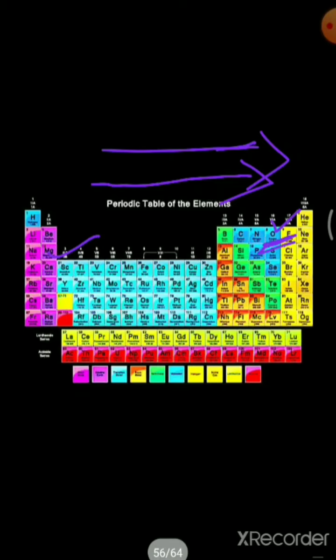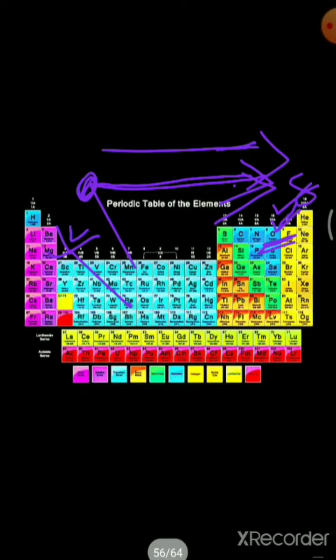This has a lesser atomic size as compared to magnesium, but the nuclear charge here is the maximum, because by moving from left to right your nuclear charge increases. Okay, the nuclear charge of your magnesium is 12 and this one is 8. But we have to remember that if the nuclear charge increases, the atomic size will decrease.